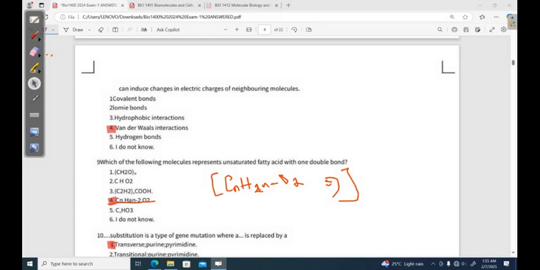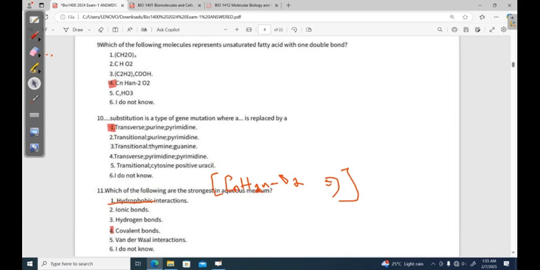Next up, we are going to question 10. Substitution is a type of gene mutation where a dash is replaced by a dash. So in a transversion substitution, it's where you replace a purine.